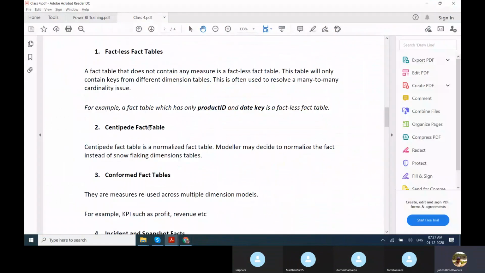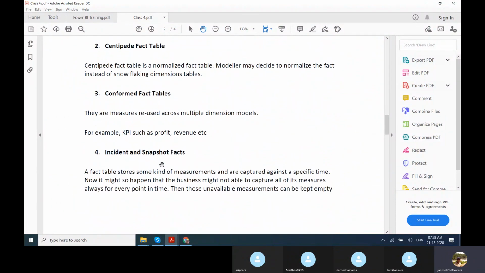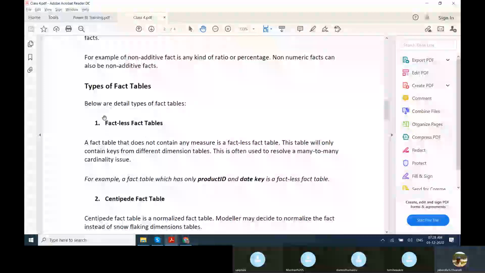So here the snowflake fact table is a normalized fact table. The first one is the factless fact table. In a factless fact table, we don't have facts, that means we don't have any information like quantity, price, and sales amount.